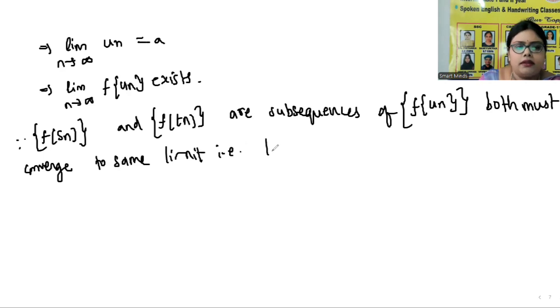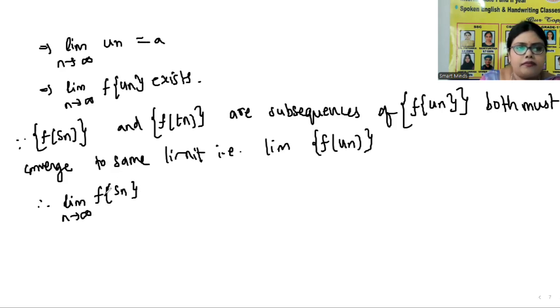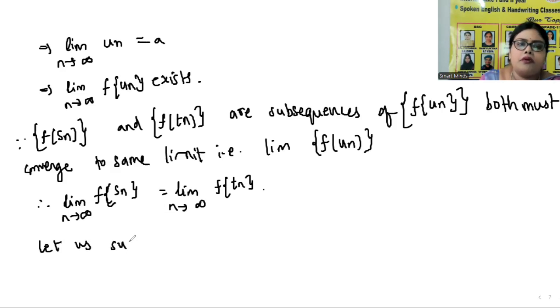That is limit f of un. Therefore, limit n tends to infinity, f of Sn is equal to limit n tends to infinity, f of Tn. Now let us suppose that assertion number 1 and 2 both are valid.